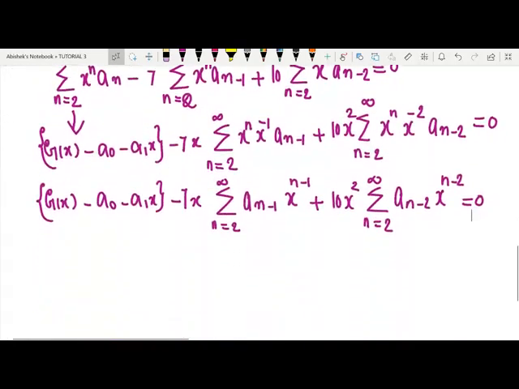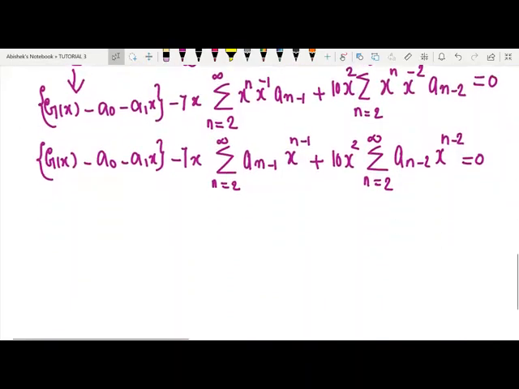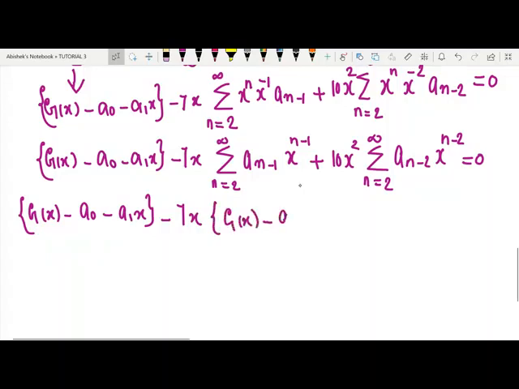Here we have n equals 2 to infinity a n minus 1 x power n minus 1, which can be written as the first expression the same, g of x minus a naught minus a1x, minus 7 times x, and we can write this expression as g of x minus a naught. Similarly, 10x square g of x.